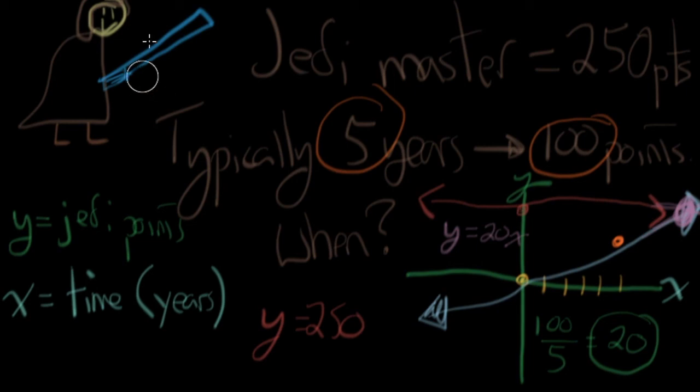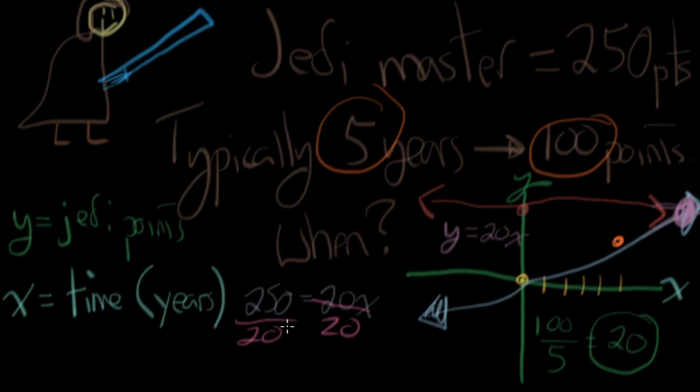And I need a little more room, so I'm just going to get rid of this here. So now I just want to say, when do we get to 250 if we're going up at a rate of 20x? So that's really easy algebra to solve. I divide by 20 and divide by 20, and 250 divided by 20.